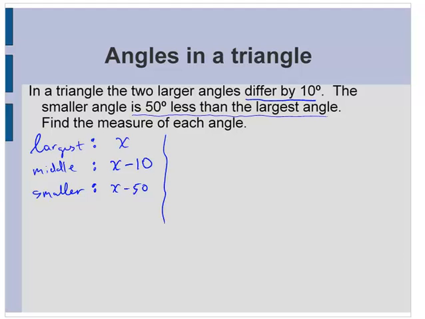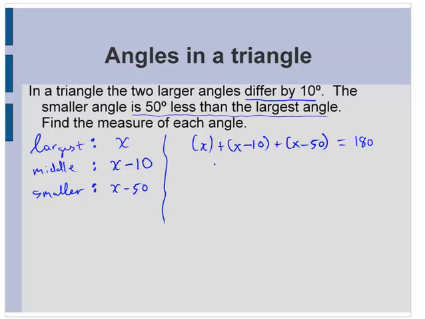Now I know the sum of the angles must be 180 degrees. I'm not going to worry about the degree symbol right now. We just know that the sum must be 180.